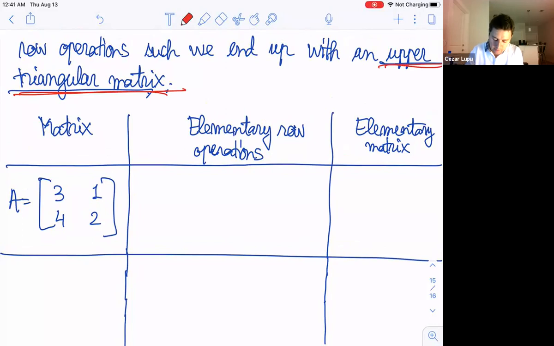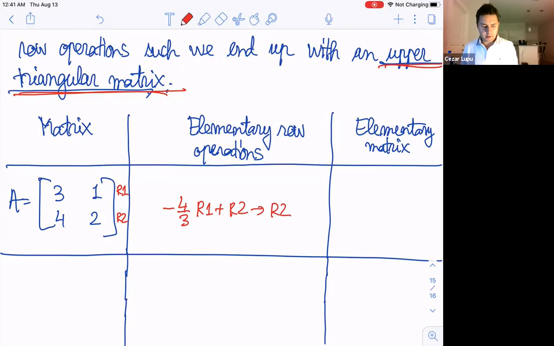This is R1, this is R2. Let's multiply -4/3 times R1 and add it to R2, and this will become my new R2. Well, it's quite obvious that's what I need to do.